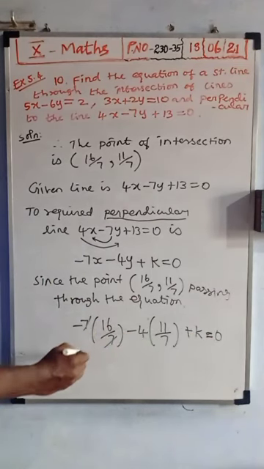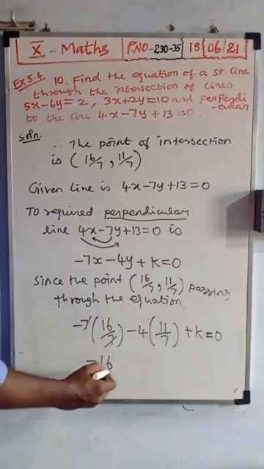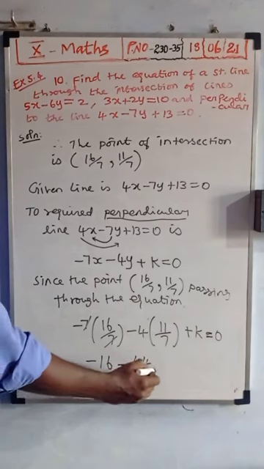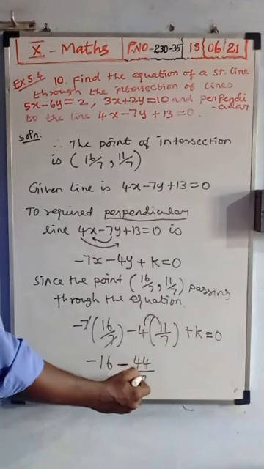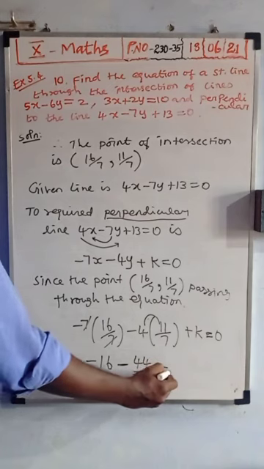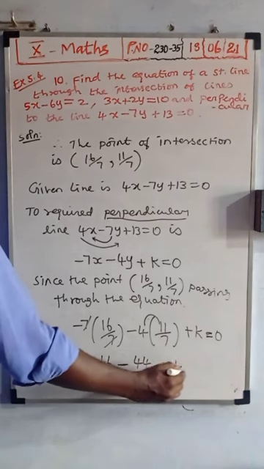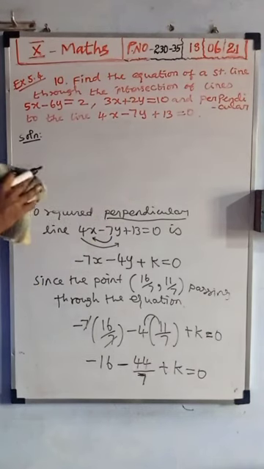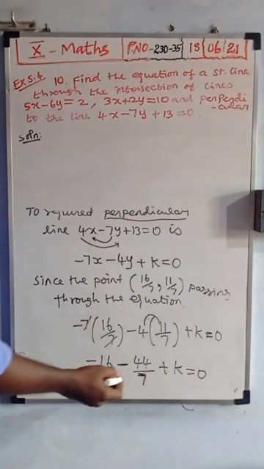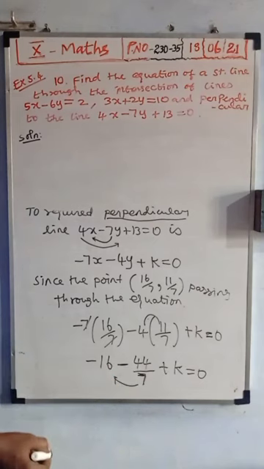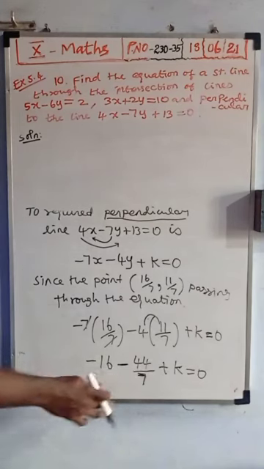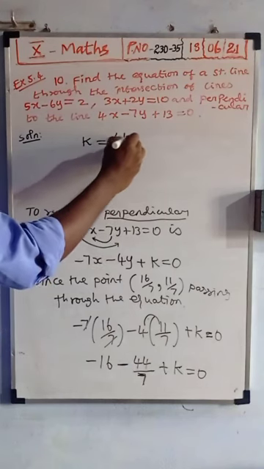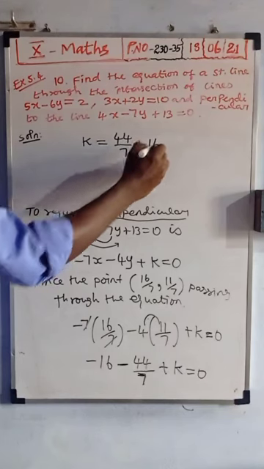Now this 7 will get cancelled, so minus 16. Now this we cannot cancel, so minus 44. 4 elevens are 44 by 7, plus k is equal to 0. Now next step, both terms go to that side, so k is equal to 44 by 7 plus 16.